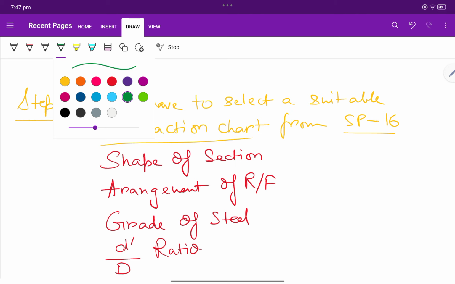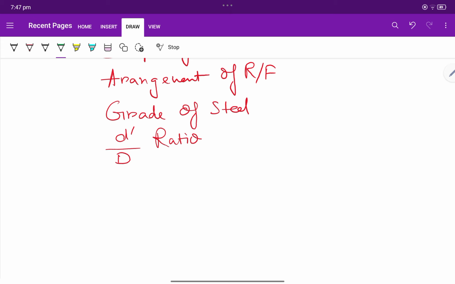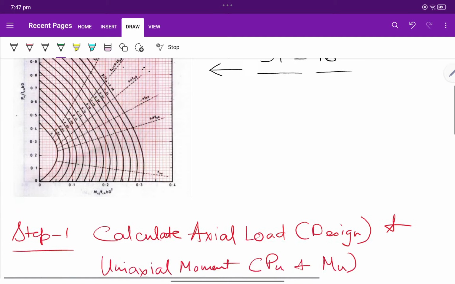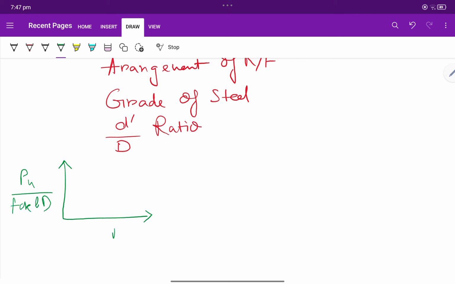So what will we get? In the interaction chart there will be a graph like this. See here. These two axes: in this axis Pu by fck b d, and in this axis Mu by fck b d square.